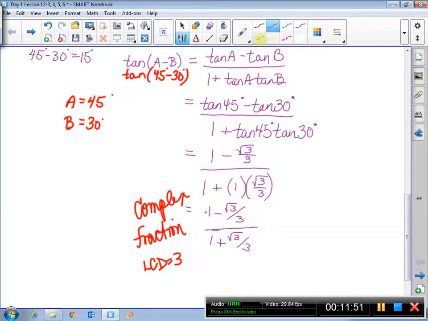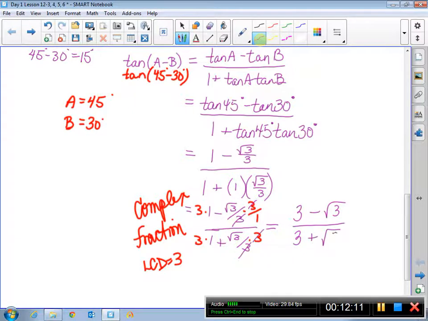So multiplying this by 3, this by 3, this by 3, and this by 3 gives us a simplified answer: 3 minus the square root of 3, all over 3 plus the square root of 3.